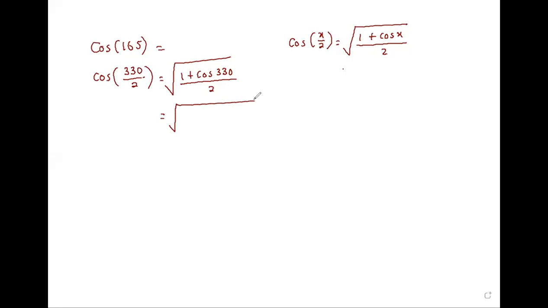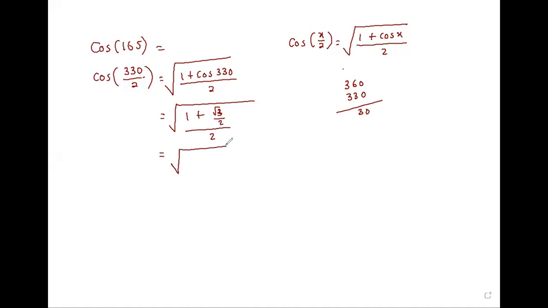Cos 330 is in the fourth quadrant, remember 330 is the same thing as 360 minus 30. And cos 30 we know it's what? It's root 3 over 2. And then I have a 2 here.